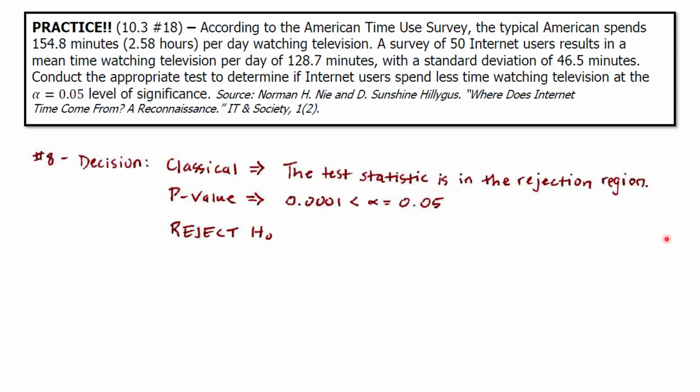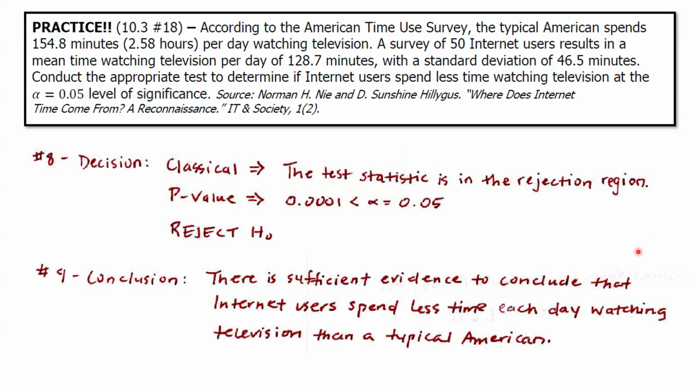For the classical approach, you stated that the test statistic is in the rejection region, and for the p-value, you were able to identify that your p-value of 0.0001 is less than 0.05, both approaches stating that we are to reject the null. So your conclusion: there is sufficient evidence to conclude that internet users spend less time each day watching television than a typical American.